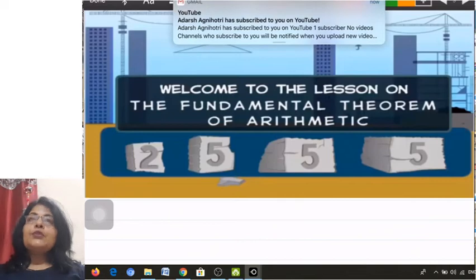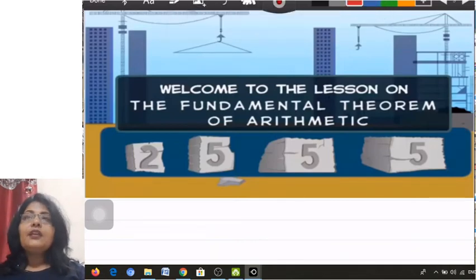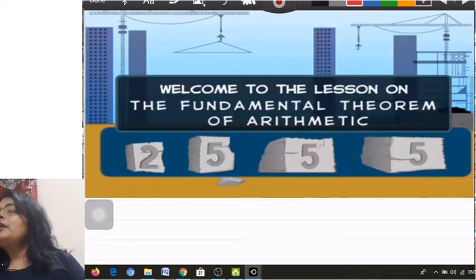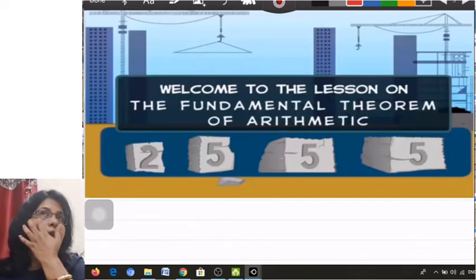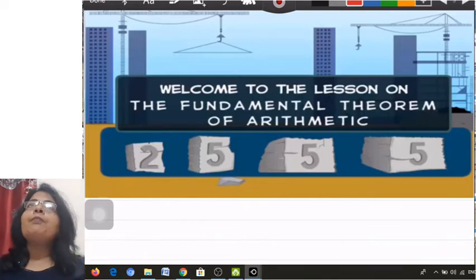Now let us come to the fundamental theorem of arithmetic. It is very simple. It is what we were doing in our earlier classes, prime factorization. I think everyone knows what prime numbers are, and this is all which is going to be used.